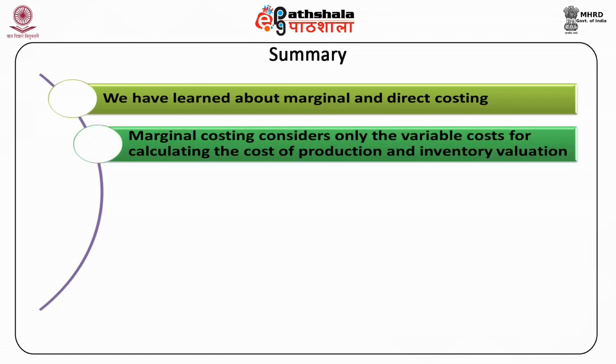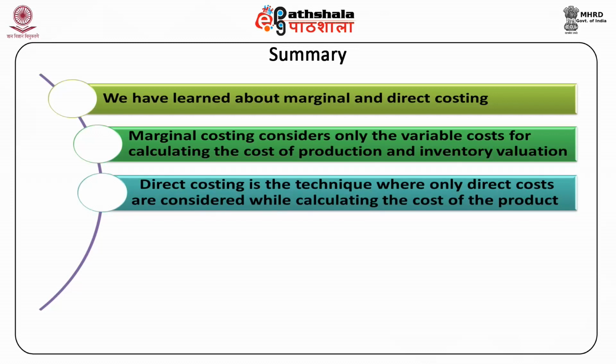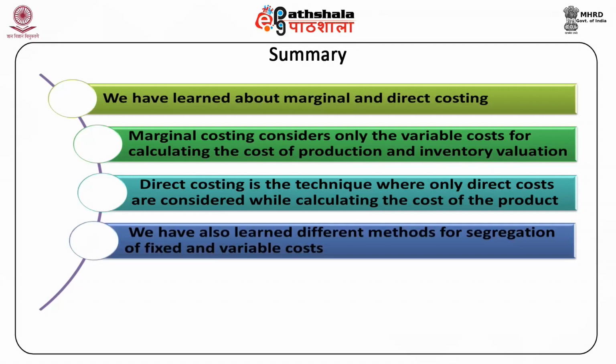Marginal costing considers only the variable costs for calculating the cost of production and inventory valuation. On the other hand, direct costing is the technique where only direct costs are considered while calculating the cost of the product. We have also learned different methods for segregation of fixed and variable costs.